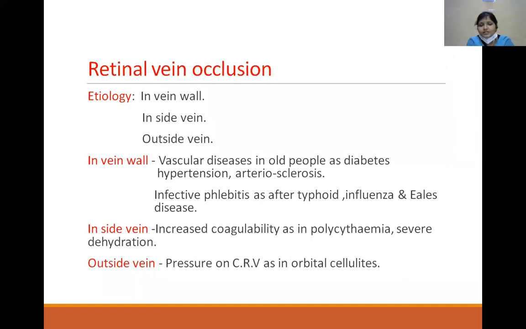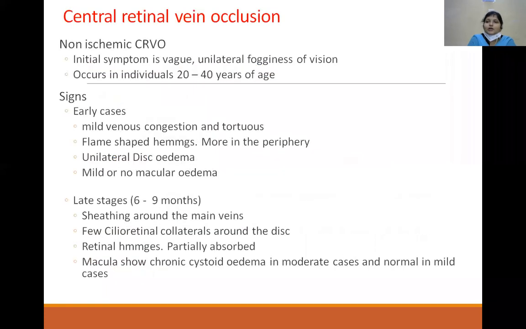Next, coming to conditions outside the vein: pressure on the central retinal vein due to local ocular conditions like orbital cellulitis or any tumors. All these cause pressure on the central retinal vein, leading to occlusion. As already mentioned, retinal vein occlusions are of three types: central retinal vein occlusion, hemiretinal vein occlusion, and branched retinal vein occlusion.